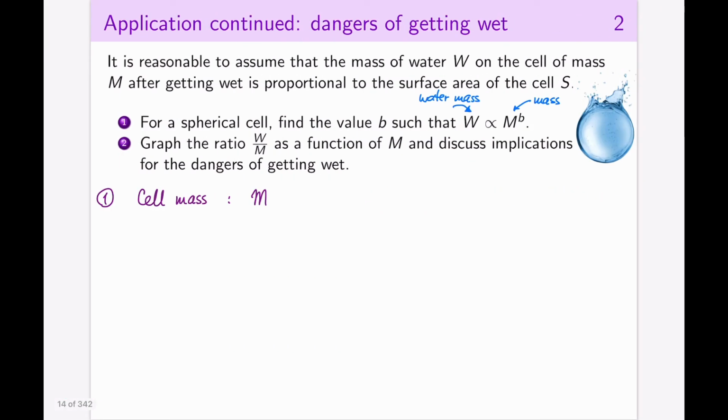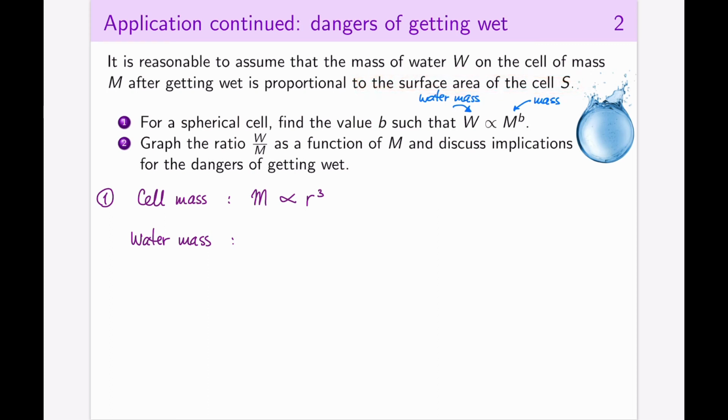So as an end result, we have that the mass is proportional to R cubed. Excellent. This is from the example before. What do we know in terms of water mass that covers the cell when it gets wet? Well, we've reasoned out and decided that it is in fact sensible that the water mass is proportional to the surface area of the cell.